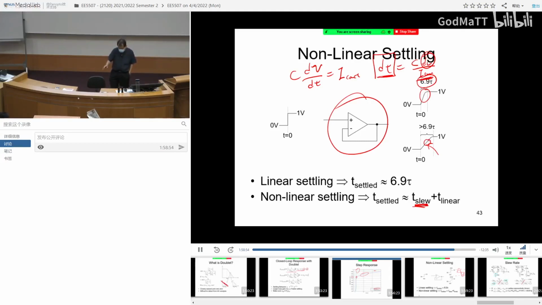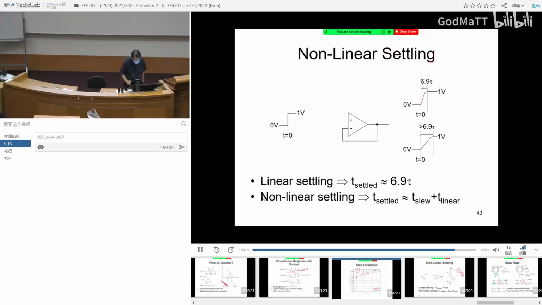But we don't call this kind of settling behavior linear, because when this is happening, what you have is a non-linear system. A simple understanding of why we call it a non-linear system: think about an amplifier. It will go like this, but let's say the supply is up to here, we are going to end up with this.